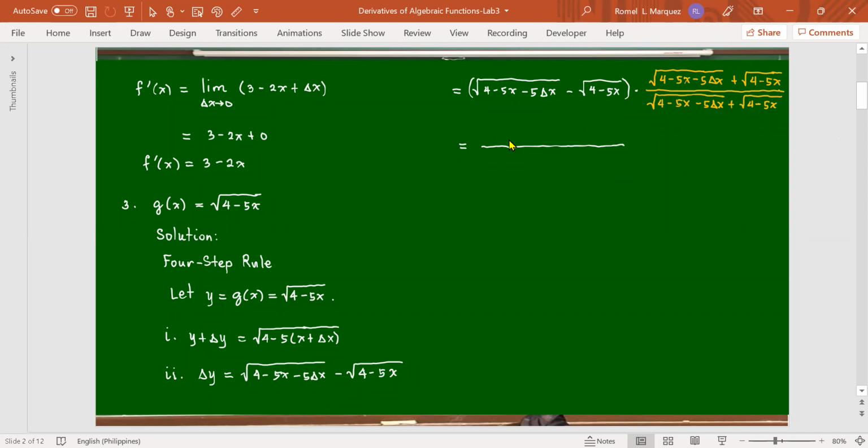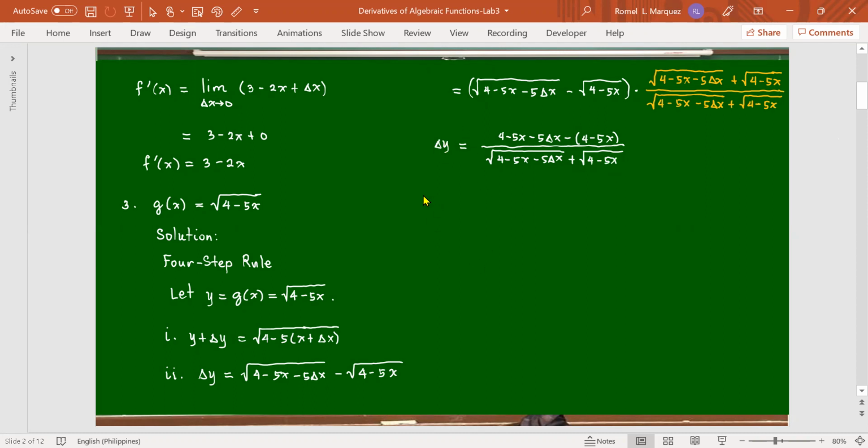So I get 4 minus 5x minus 5 delta x, then minus of the square of this, so minus 4 minus 5x, all over square root of 4 minus 5x minus 5 delta x, and then plus square root of 4 minus 5x. Okay? So this is our delta y.